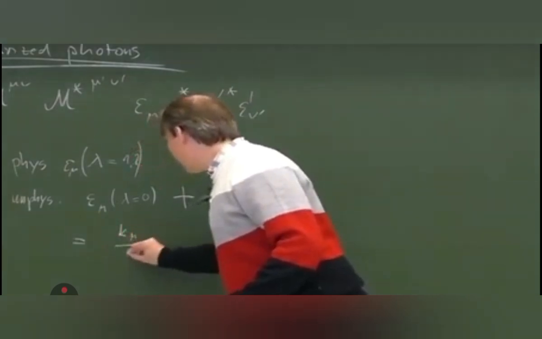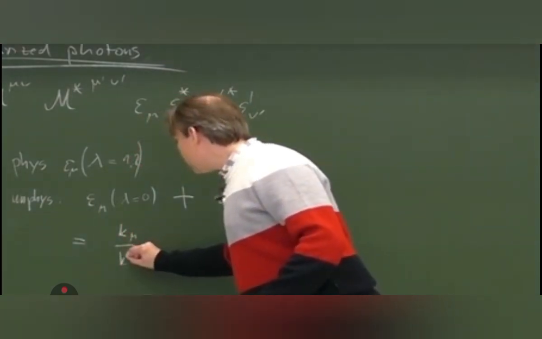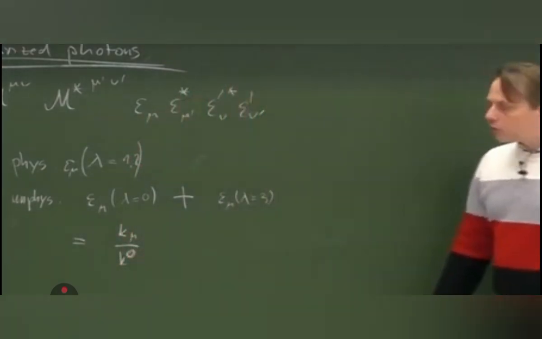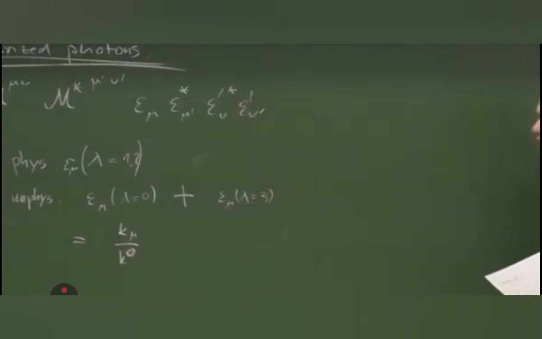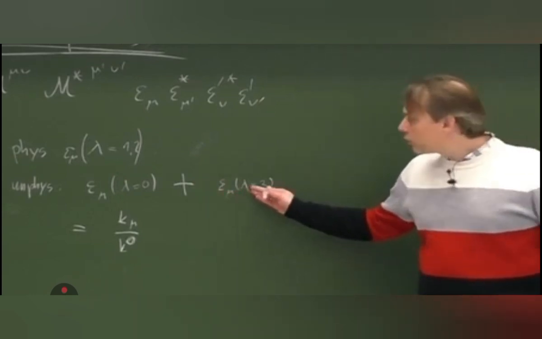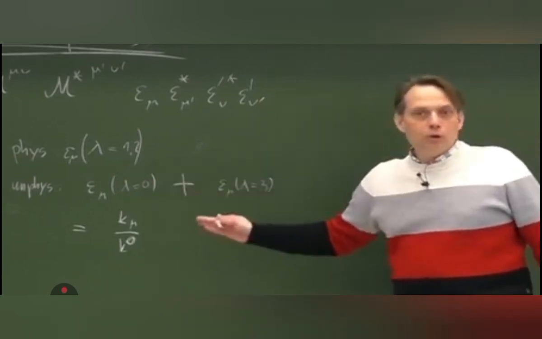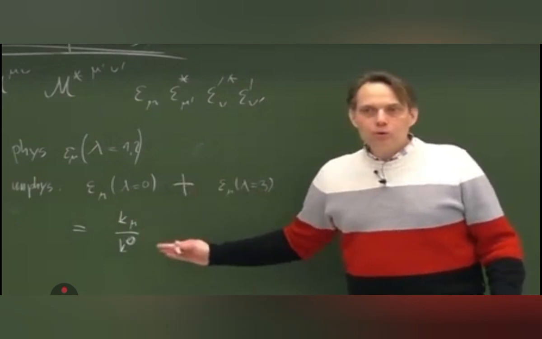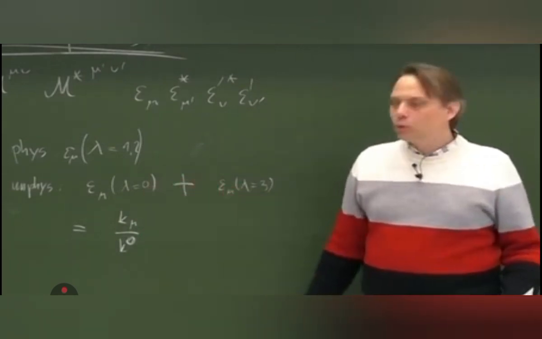So the sum is k^μ divided by the energy k_0. That was exactly the definition of these two polarization vectors. And then I told you that it's a drawback of that basis that none of the polarization vectors alone is equal to the momentum. But this linear combination actually is equal to the momentum up to normalization.